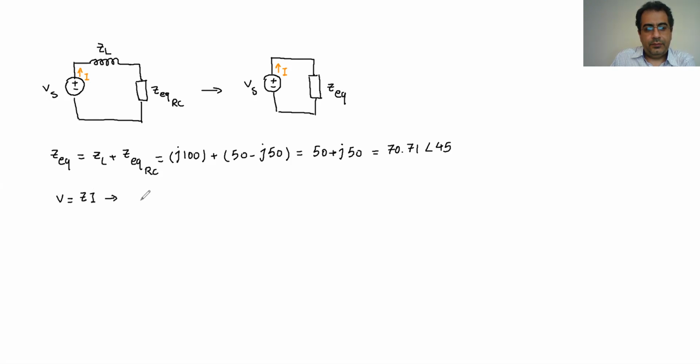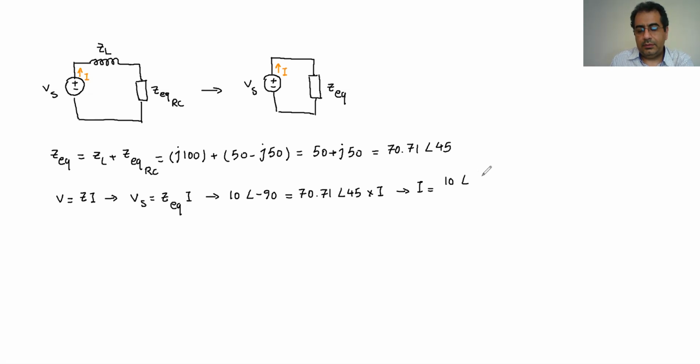So therefore, the VS is the Z equivalent times I. So the VS I know is 10 negative 90, and this is equal to 70.71 angle 45 times I. So therefore the I is just divided by 70.71 angle 45.